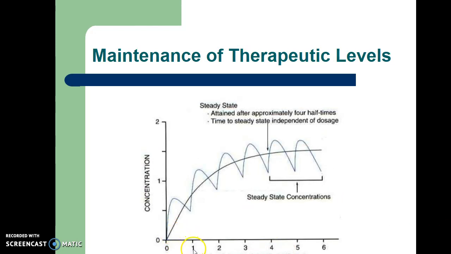So if you think about each of these times down here, and I'm sorry, I'm cutting off this a little bit. At the bottom it says time, multiples of elimination half-life, and it is each time we're administering the drug. So when we administer it the first time, it goes up to a high concentration, its peak concentration, and then it starts to be eliminated by the body.